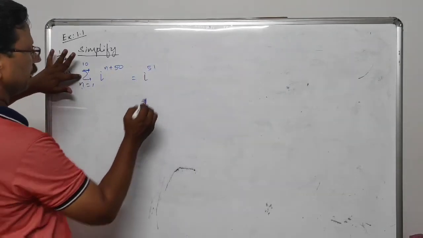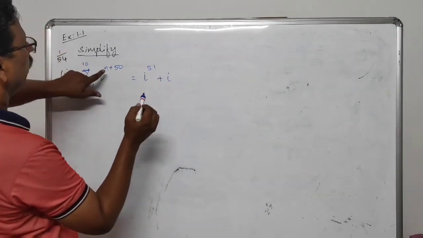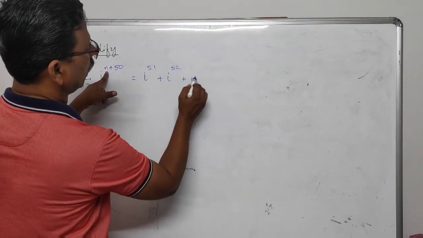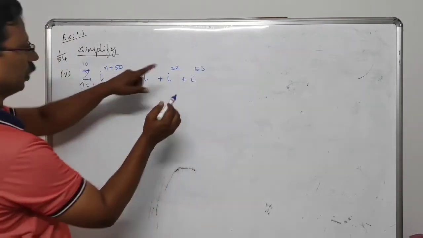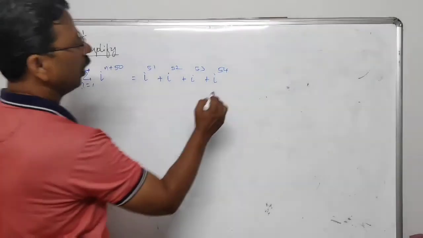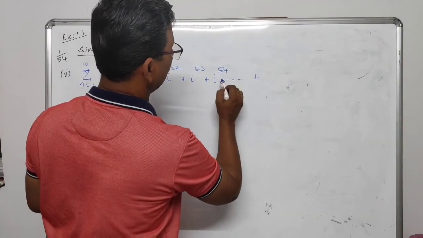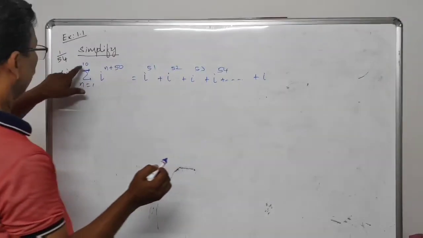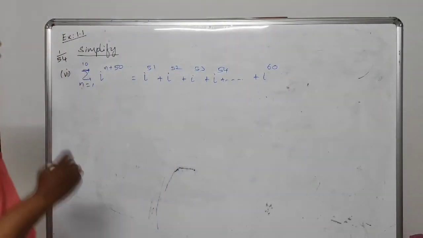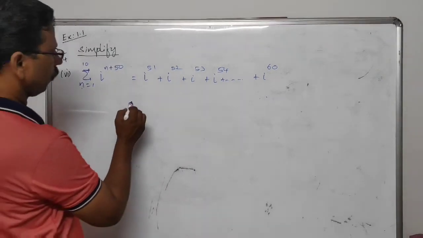Then summation means plus i^52 if you take n equal to 2. Then plus i^53 for n equal to 3, plus i^54 if n equal to 4. Likewise, you can say plus i^(10 + 50), equal to how much? 60 you can say.